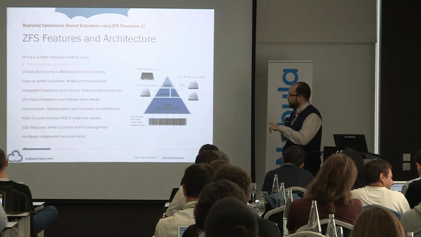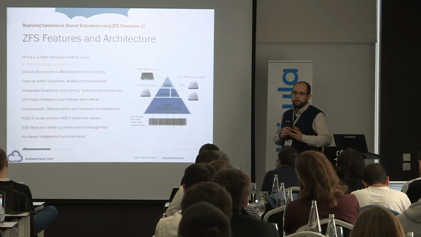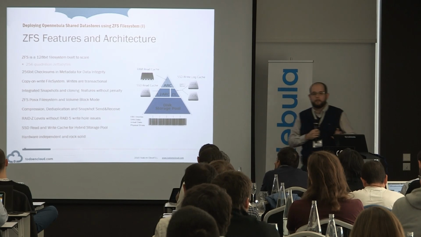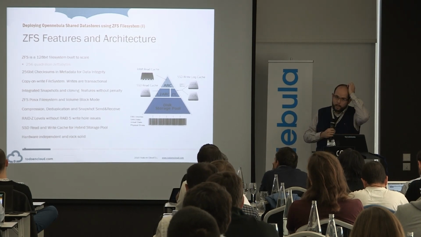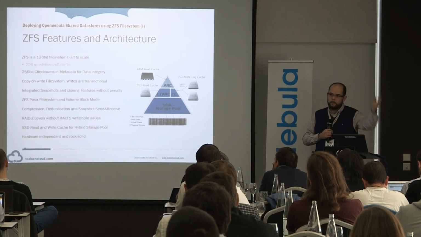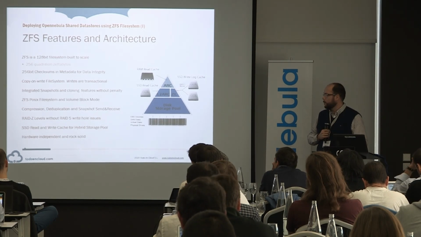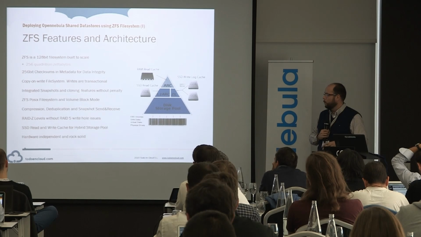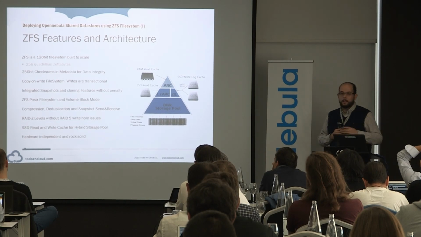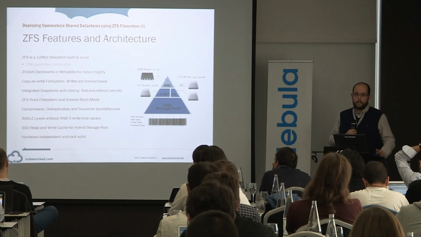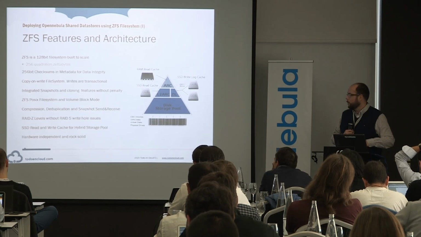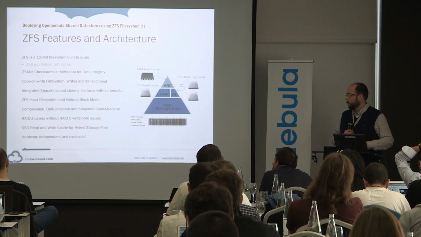It offers POSIX file system on volume block mode, which is very nice to provide live migration, share file system, and volume block mode to expose iSCSI targets to VMs or to share data blocks too.